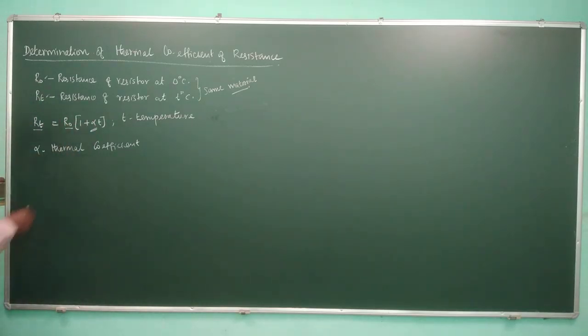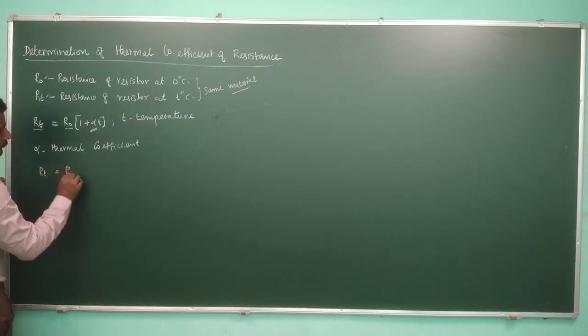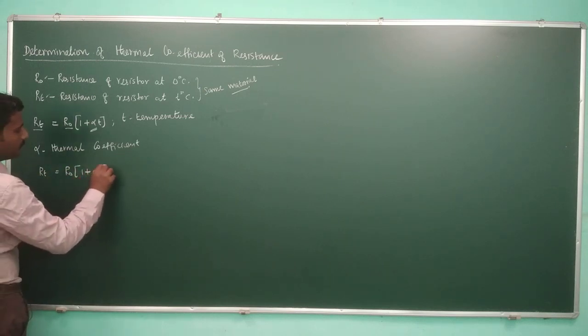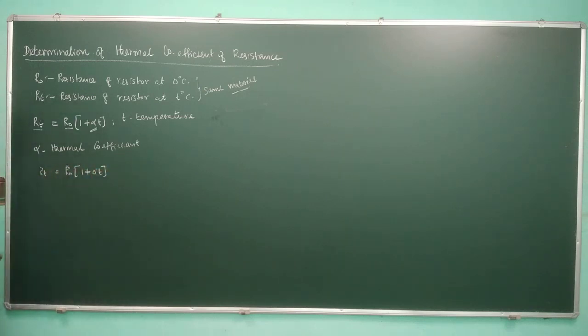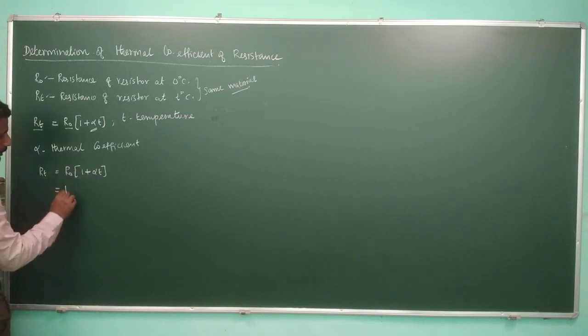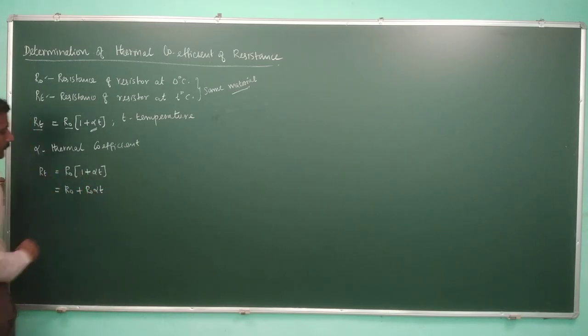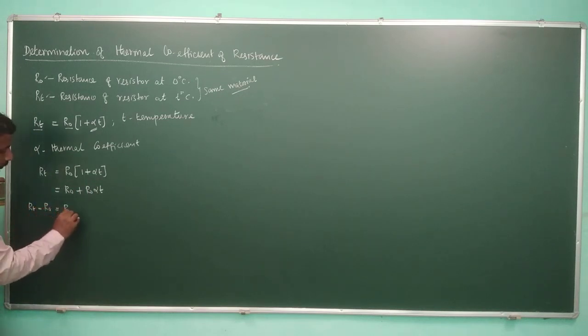How to do that? Let's take this equation RT equals R naught times 1 plus alpha t. Now bring R naught into this bracket. So it becomes R naught multiplied by 1, which is R naught, plus R naught alpha t. We can bring this to the left so that RT minus R naught equals R naught alpha t.